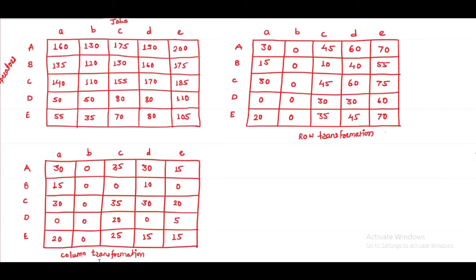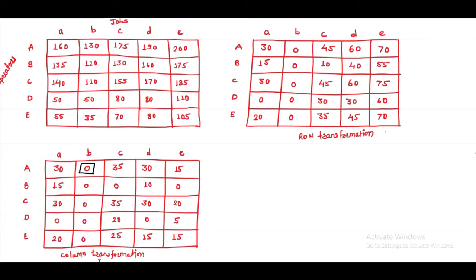Now we have to assign jobs to the particular operator. So for the assignment, in the first row only one 0 is there, so you can draw a square around that particular 0, and then check whether another 0 is available in this particular column.